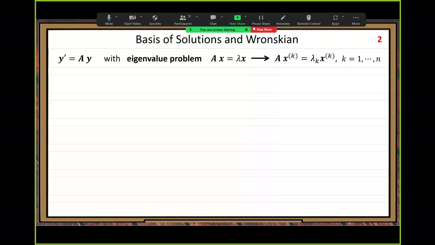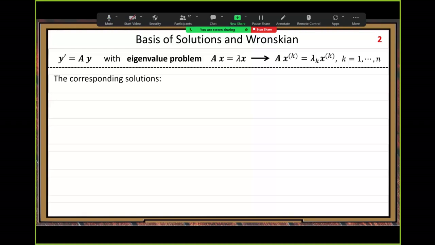Then the corresponding solutions. After we have eigenvalues, eigenvectors, can we write our special solutions for that homogeneous linear system? Here we only want to write homogeneous solutions for the homogeneous linear system.